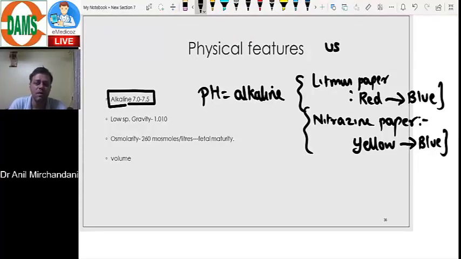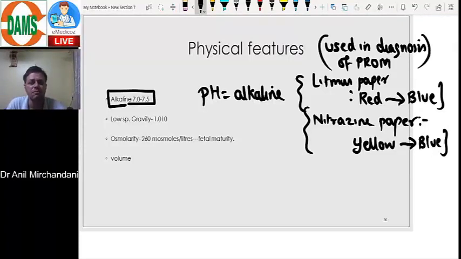So mark my words, litmus paper turns blue. It is used in diagnosis of PROM, premature rupture of membranes. Okay. So patient will come with leaking per vaginum and you will diagnose it with litmus paper or nitrazine paper based on the principle that amniotic fluid is alkaline. Specific gravity is 1.01.